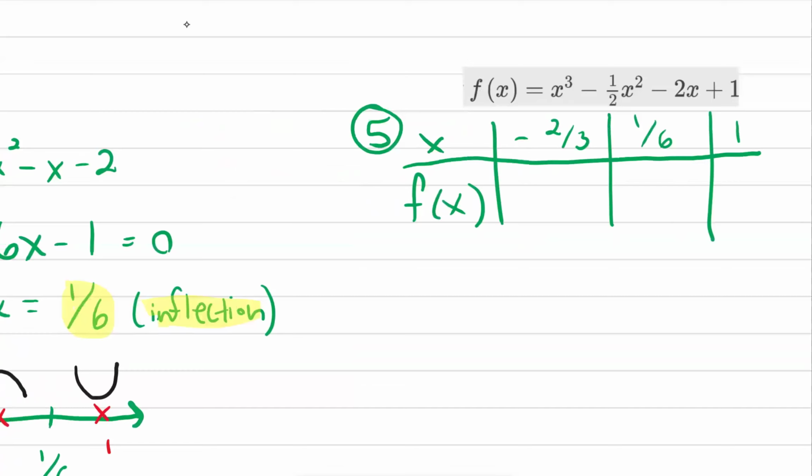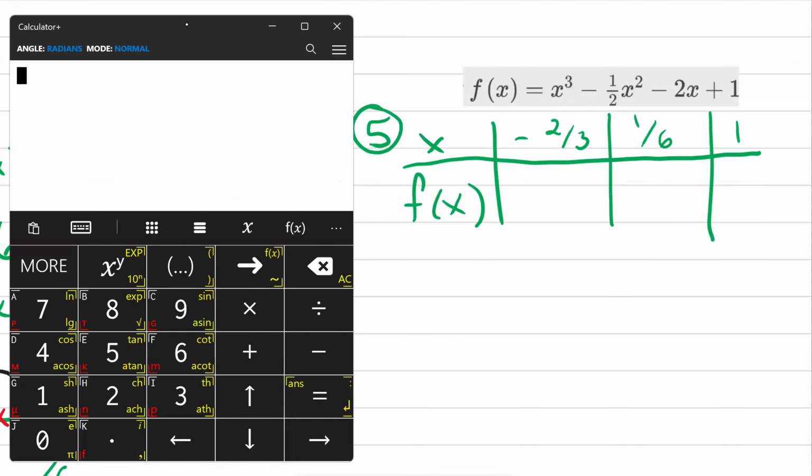I have my calculator here. Plug in -2/3, so I'm going to be really careful with plugging in. Raise that to the third, minus 1/2 times x squared, so -2/3 squared.